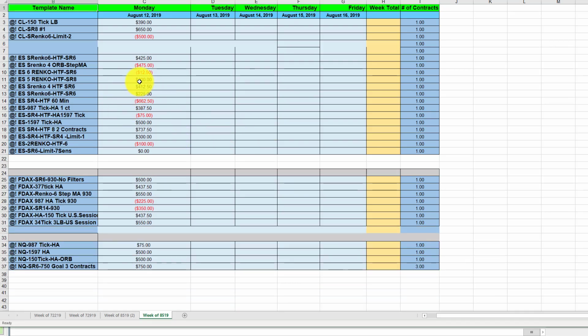Okay, so I wanted to bring over the template and show all the charts and their performance, and you can see everything here. I've organized it a little bit differently, and I've also gotten rid of a couple of line break charts that I'm not going to follow, as I don't think there's a whole lot of interest.